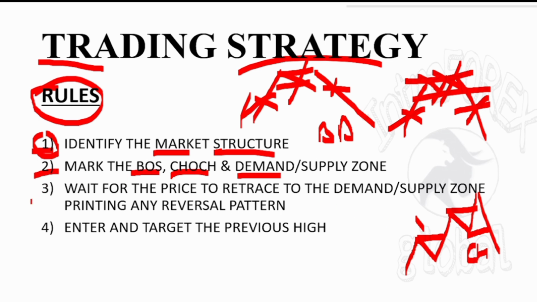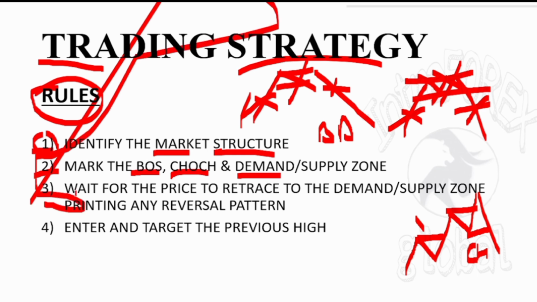Then number 3, we wait for the market to retrace to our demand zone or our supply zone. As it is retracing to our demand zone, we want the market to be printing any reversal patterns.